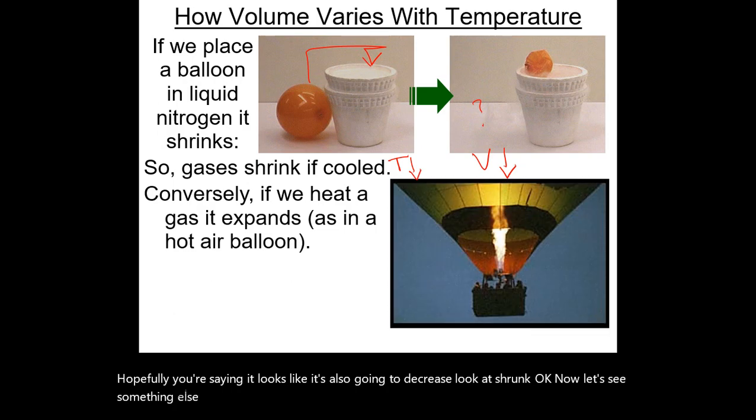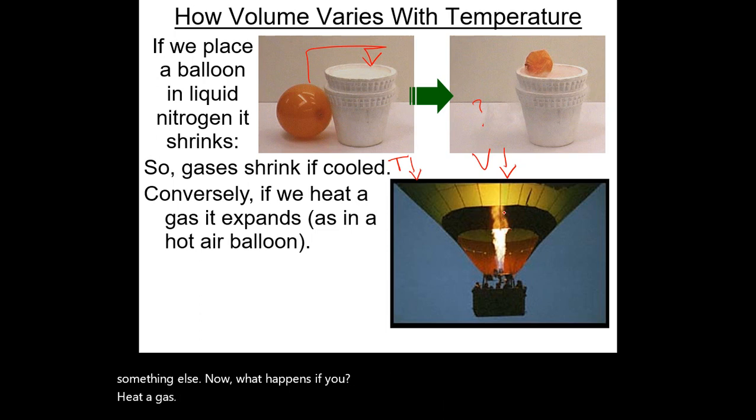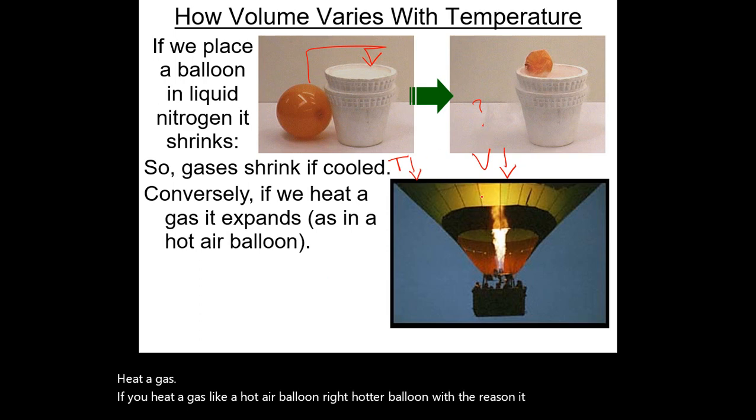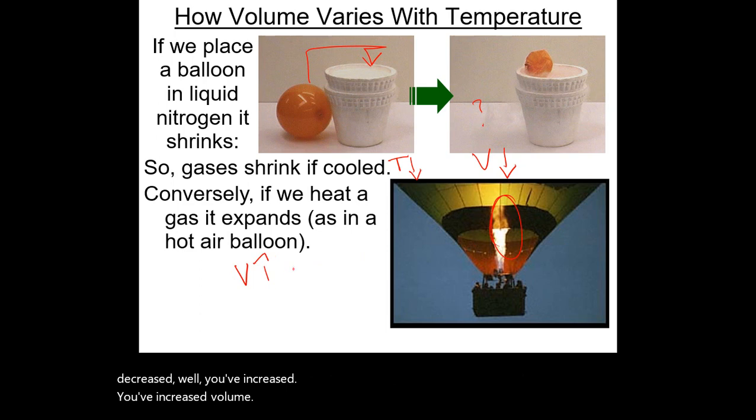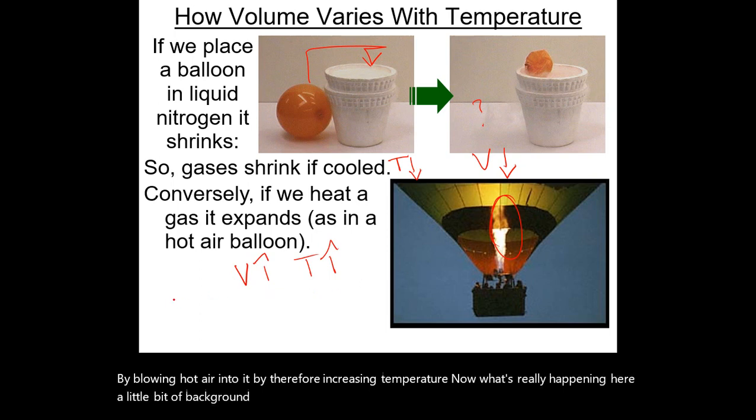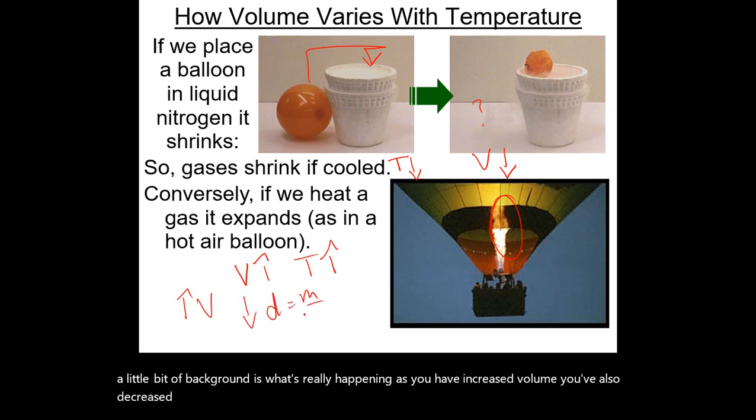Okay, now let's see something else. What happens if you heat a gas? If you heat a gas, like a hot air balloon, the reason it floats is you've increased volume by blowing hot air into it, therefore increasing temperature. Now what's really happening here, a little bit of background, is as you have increased volume, you've also decreased density, because density is mass divided by volume.